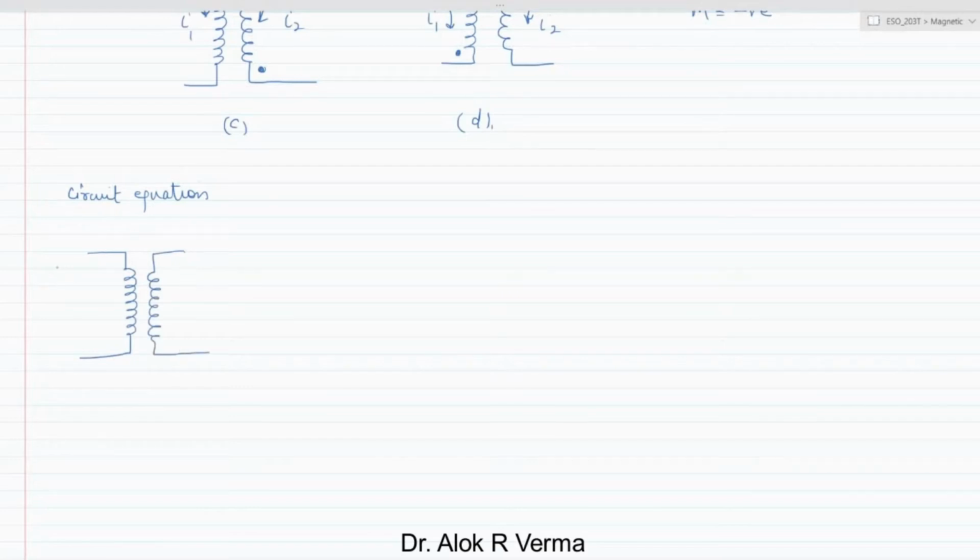One case is here where the voltage applied here is V1. This is the polarity. The current is going this way. Similarly, this is V2. The current is going this way. And the polarity here, suppose this is the dot notation. Another case will take the opposite dot notation.